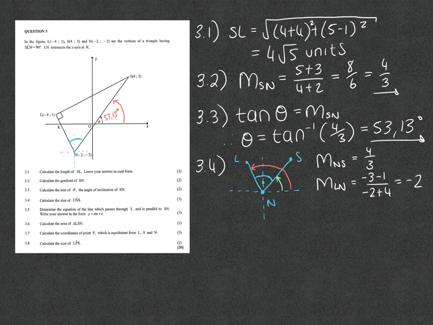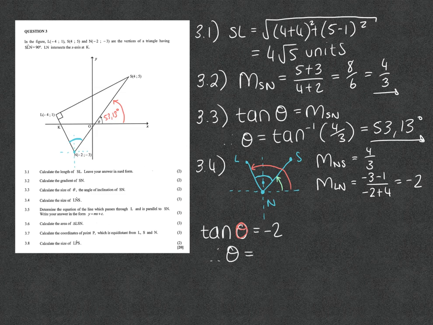Okay, so that's my gradients. Now, why did I need the gradients? Because I need them for the angle of inclination formula. So for theta, let's make it color-coded. For the red theta, tan theta is equal to minus 2.